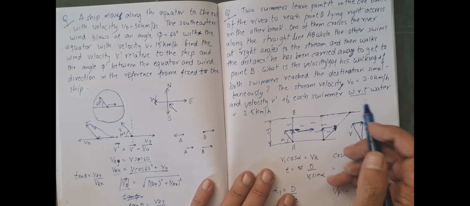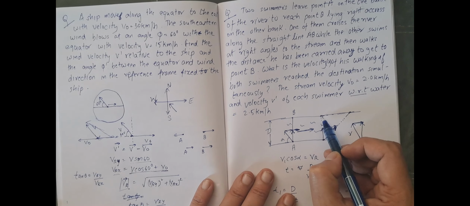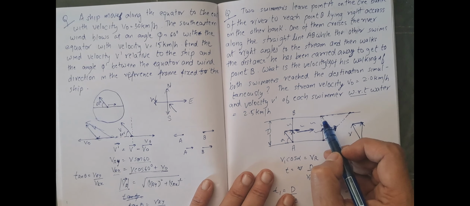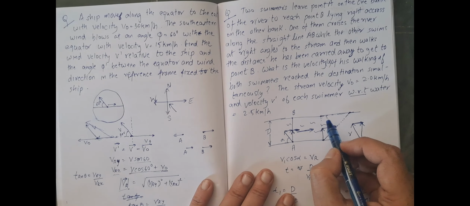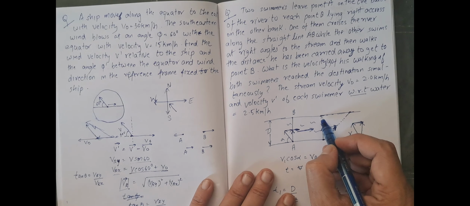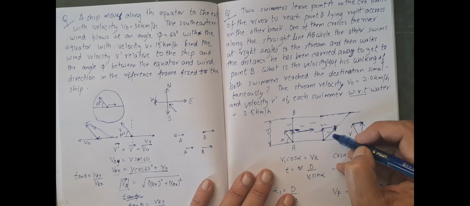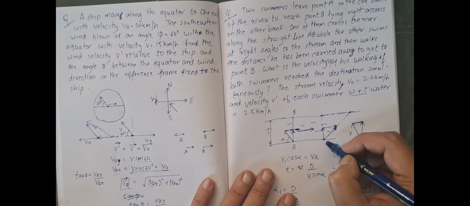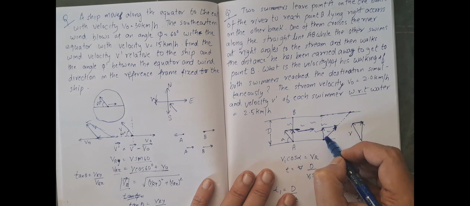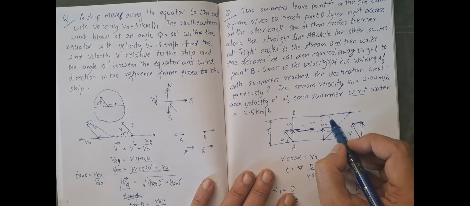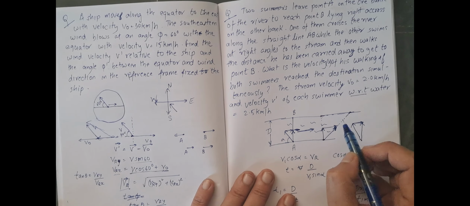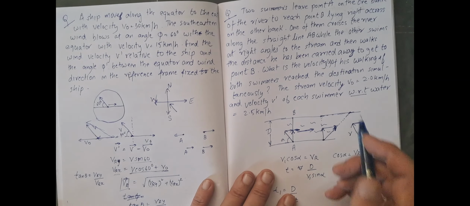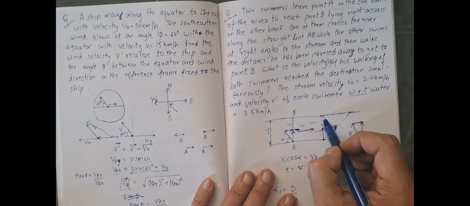In the same time, the swimmer reaches from here to here. The vertical displacement of the swimmer is this. The horizontal displacement of the swimmer is this, right? So now we want to find out the horizontal displacement of the swimmer.